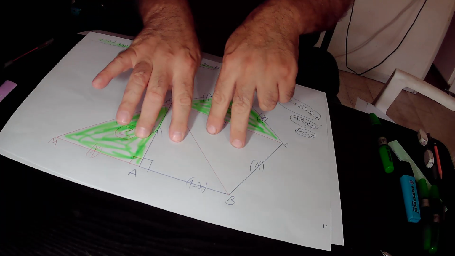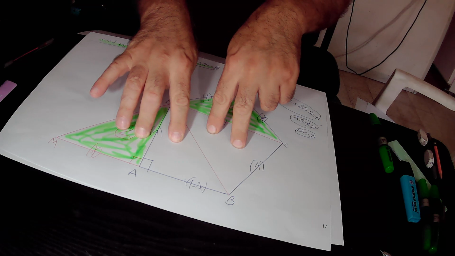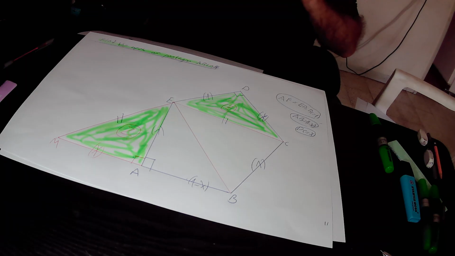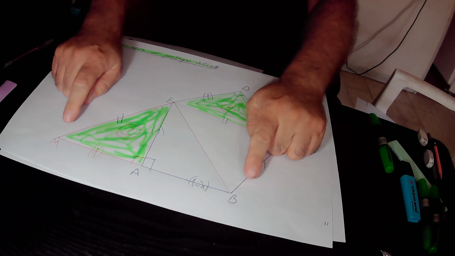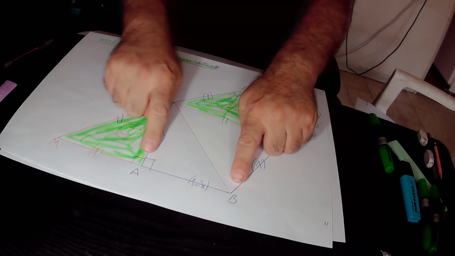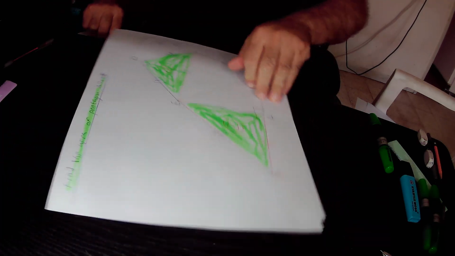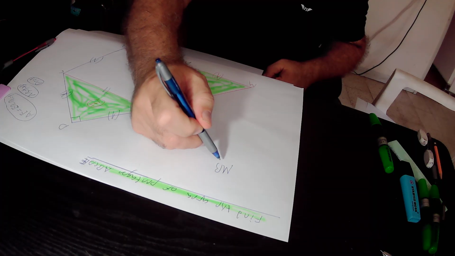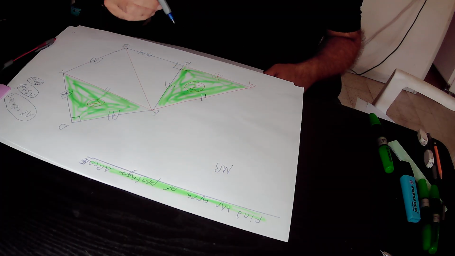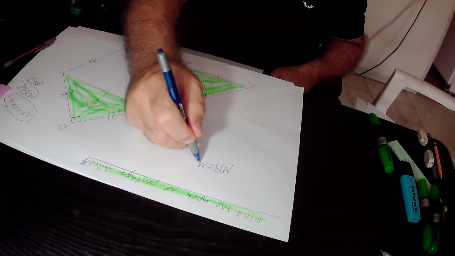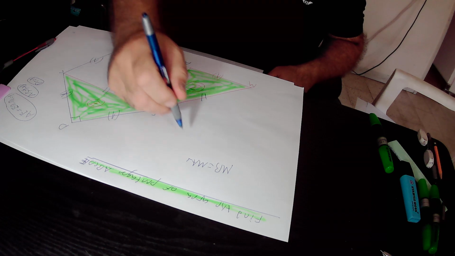Why can those two triangles go into each other? But before that, we find out the length of side MB of triangle MEB. What is the length of MB? MB equals MA plus AB.